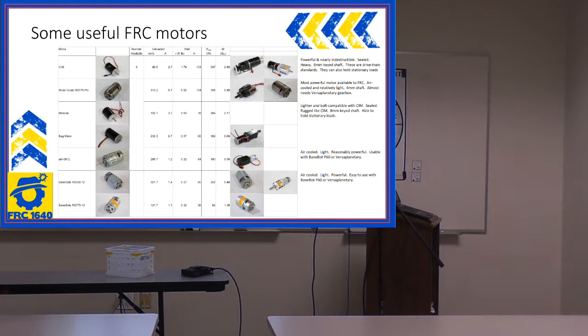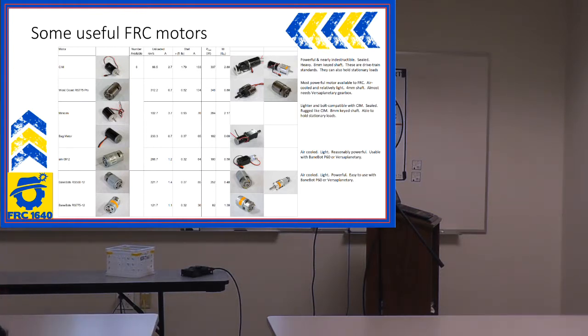The second motor on the list is actually our most powerful motor, but it's air-cooled. It is much more powerful than that motor. It's much, much lighter. It's 0.8 pounds instead of 2.8 pounds.